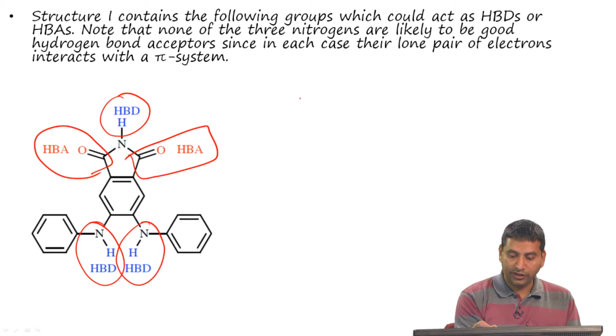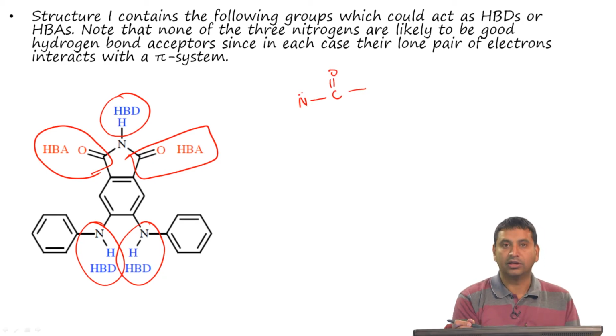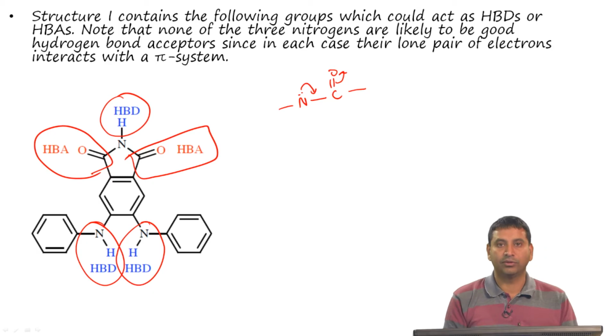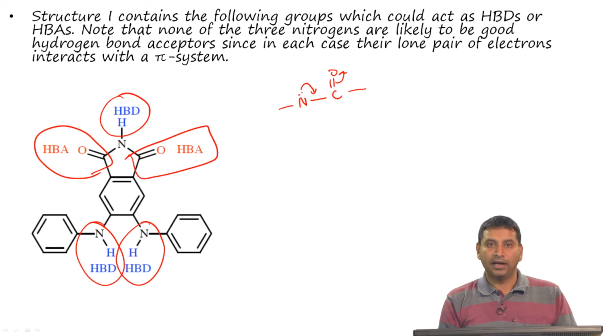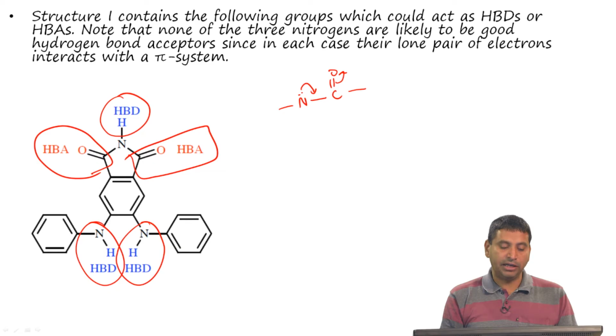So, we have already seen that when there is a pi bond that is potentially possible, then this goes in here and it interacts with this carbonyl, and therefore, these are not very good hydrogen bond acceptors. So, that basically makes only the carbonyls as hydrogen bond acceptors.